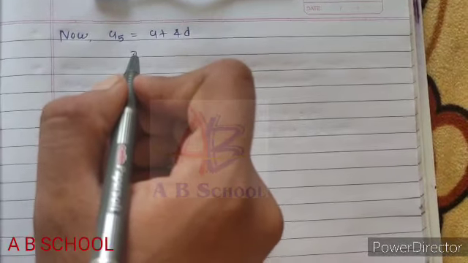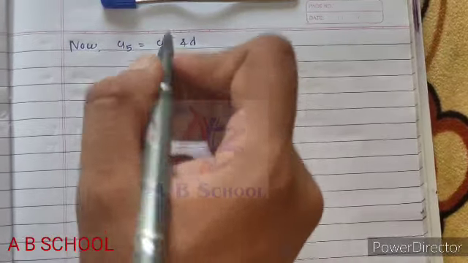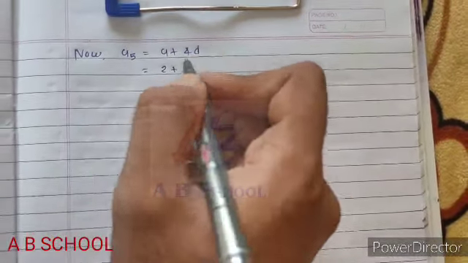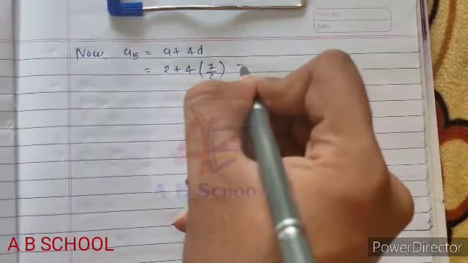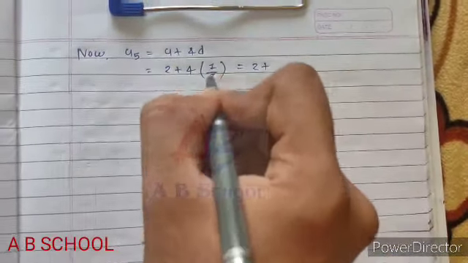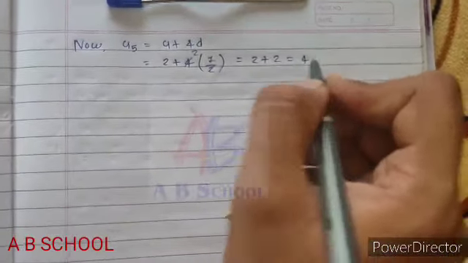Now for the next three terms, value of A5 is equal to A plus 4D, where A is equal to 2 and D is equal to 1 by 2. 2 plus 2 is equal to 4.